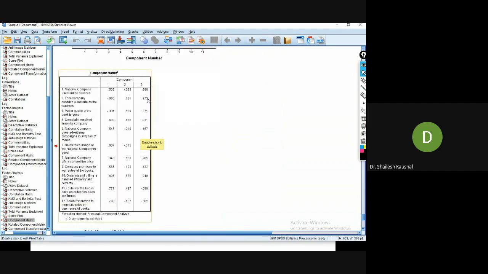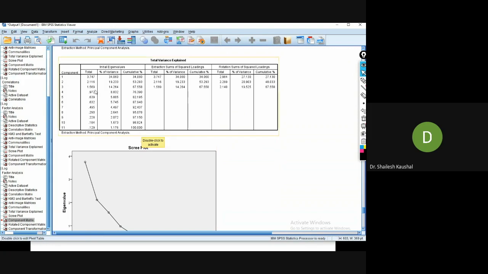When I square all these factor loadings and add, then I will get 1.569. The rest, because I have given the command to SPSS, I retain only those components whose value is greater than 1.